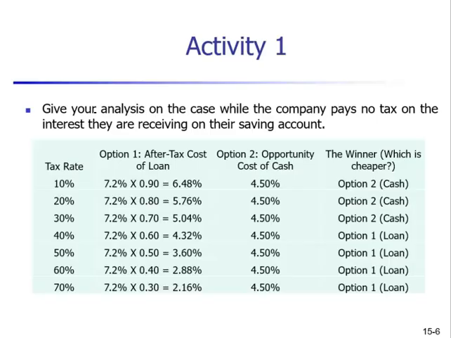So the real interest rate, if the tax rate is 10%, is 6.48%. And you continue this calculation, and I hope you have come up with the same answers, and now you are just checking.